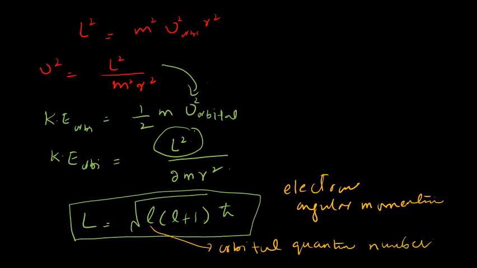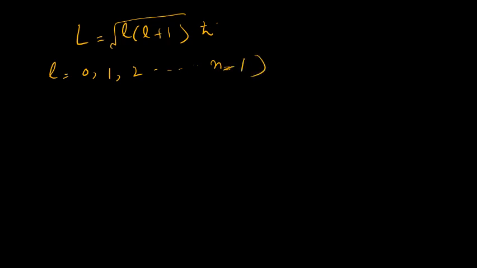As L equals the square root of l(l+1) times h cut, l is the orbital quantum number, with values 0, 1, 2 and so on, up to n minus 1.